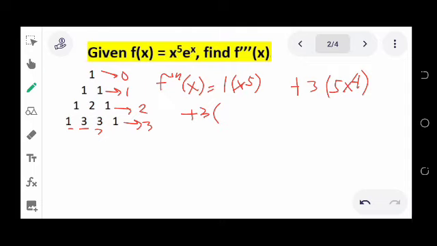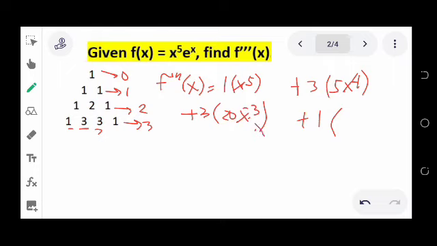In this part here, plus 3. And then we get the derivative of this function. We now have 20x cubed. And then finally, you have here 1.